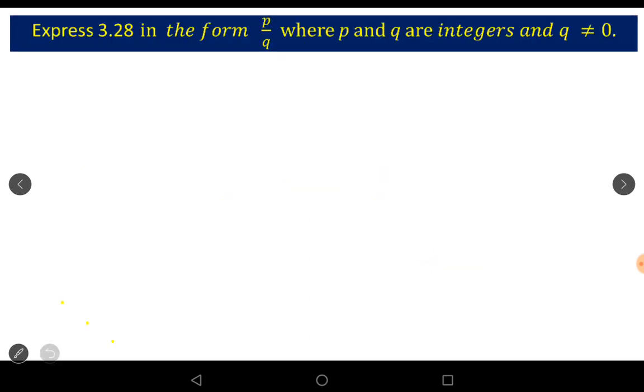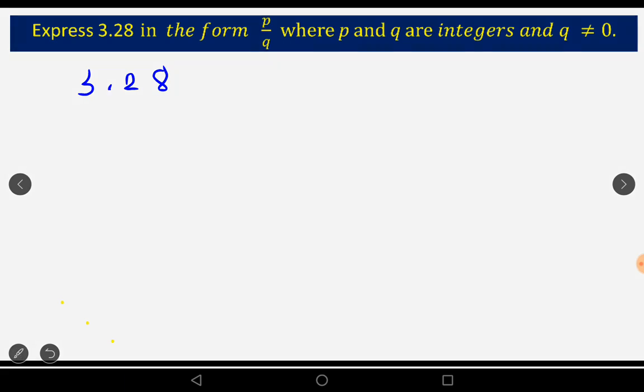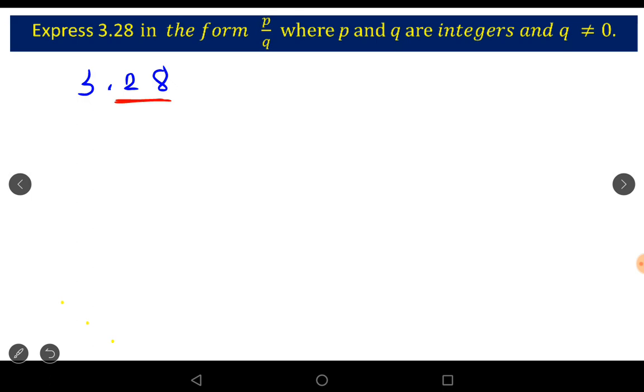First question, 3.28 in the form of p by q. 3.28 is a decimal number. In the decimal number, there are two parts, integer part and decimal part. In the decimal part, 2 digits, integer part only 1 digit, 3.28. So how to write it as a decimal fraction?